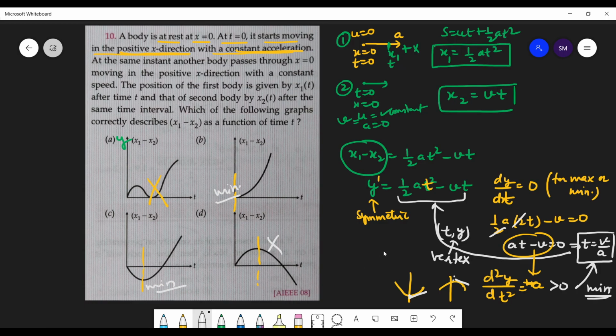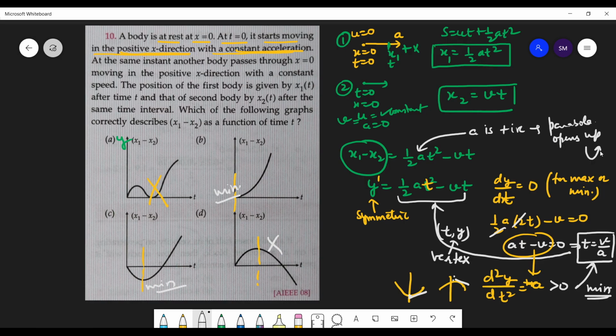Now again there is one more point. See, what is a here? a is positive. Yes. So a positive means parabola opens up.